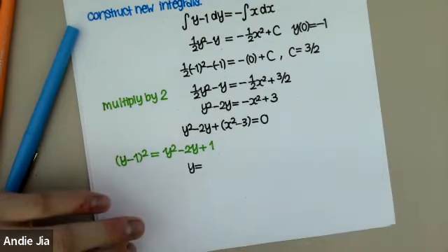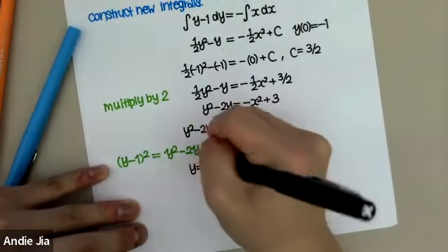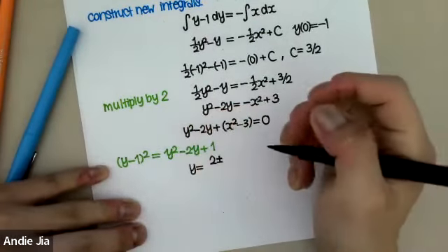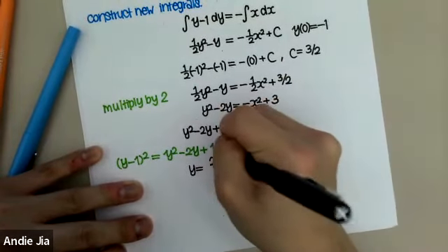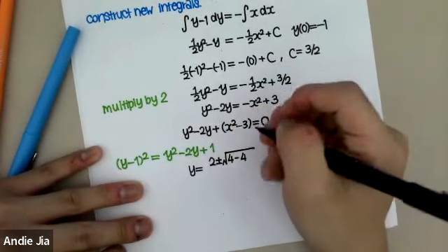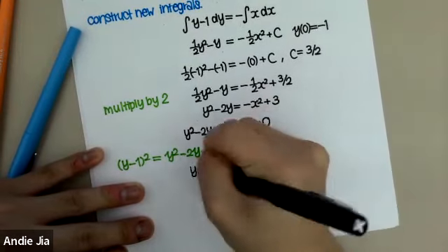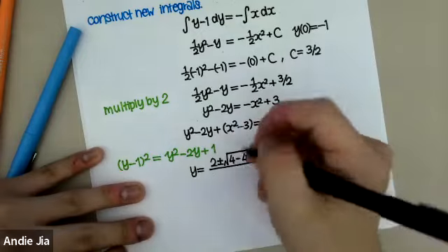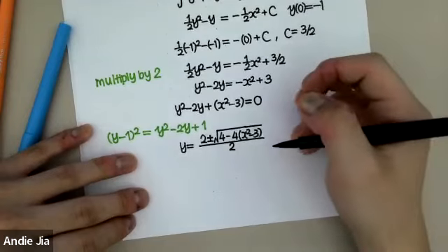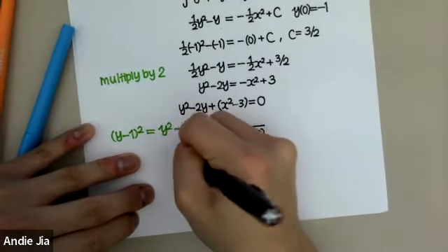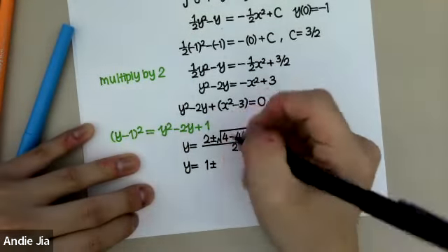Then y is going to be negative b plus or minus the square root of b squared minus 4ac, so 4 minus 4 times (x squared minus 3), over the bottom which is going to be 2. And then you get y equals 1 plus or minus the square root of 4 minus x squared.